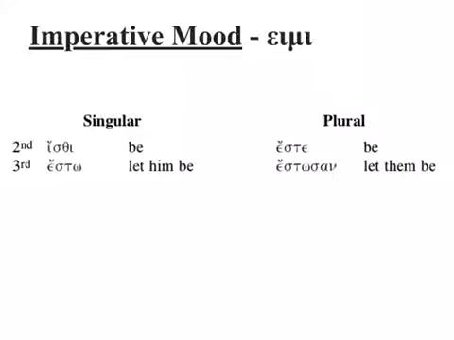So the imperative of the eimi verb is this. I'm not expecting you to memorize it right now, just be aware of it. It's kind of interesting to say be, which obviously needs context. If you remember, eimi is kind of like an equal sign. So you usually have a noun with the eimi verb, and then another noun, because eimi takes the nominative case, or it could be an adjective, but it's generally going to be in the nominative case.